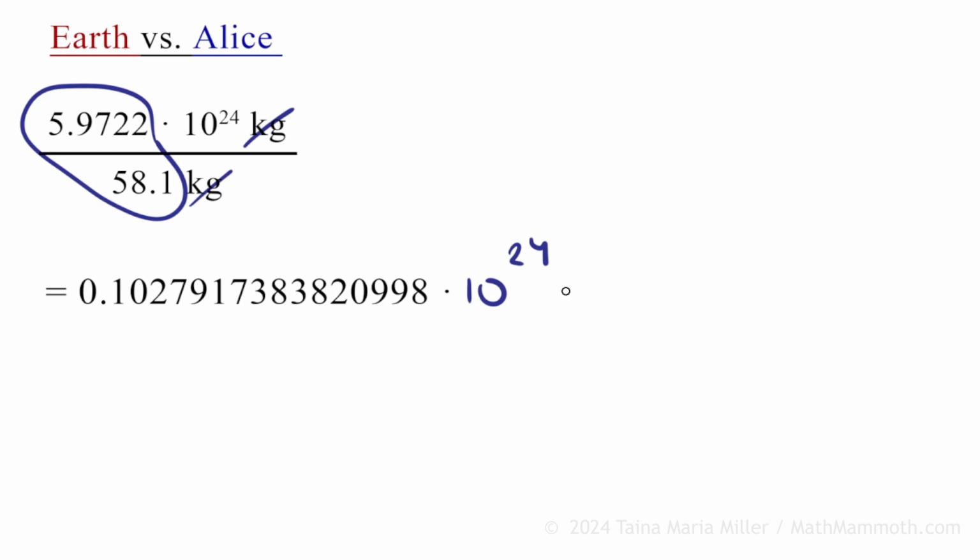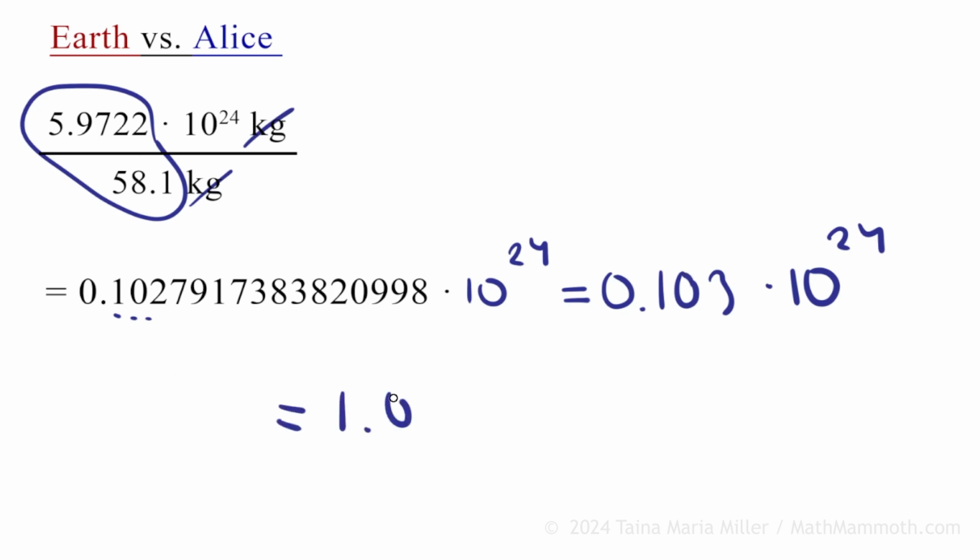First of all, if we do the rounding first, then we look at how many significant digits we had here. The least number of significant digits is the 58.1, and it has 3 significant digits. So here also we need to take 3 significant digits and round it like that. 0.103 times 10 to the power of 24, and then to proper scientific notation, which means this becomes 1.03.